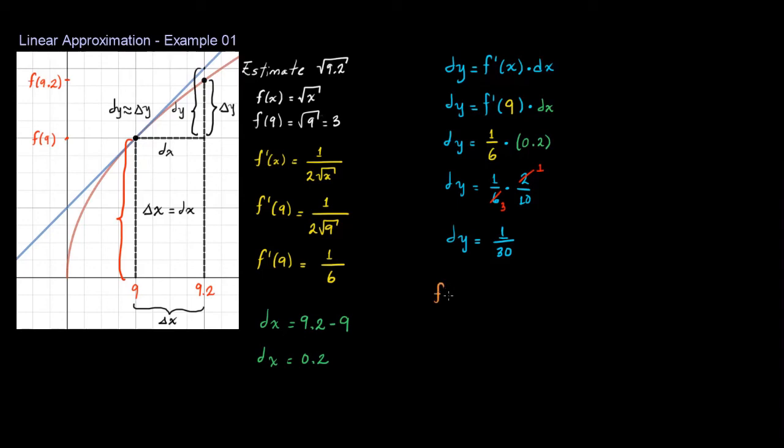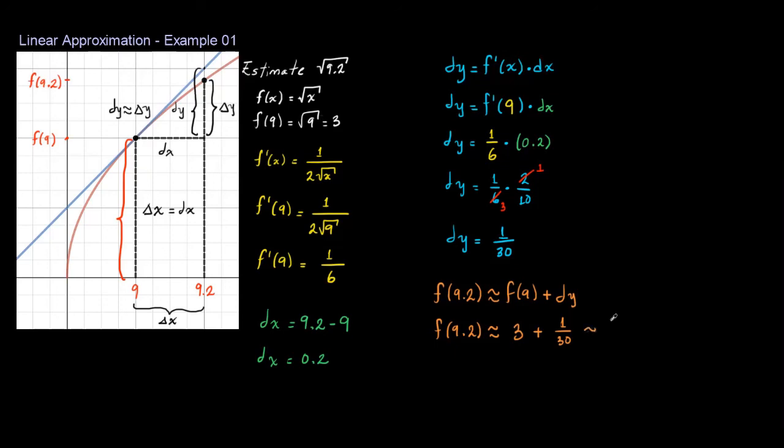So we could say that f of 9.2 would be approximately f of 9 plus dy. Now we know all these pieces, so we just have to write them down. f of 9.2 will be approximately f of 9, which we know is 3, plus the dy that we know is 1 over 30.